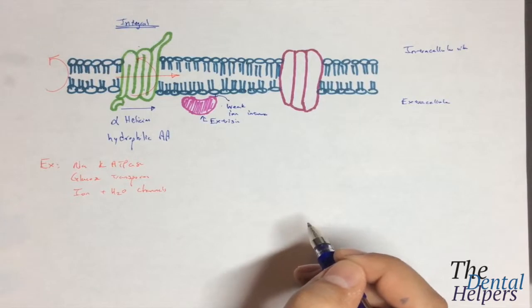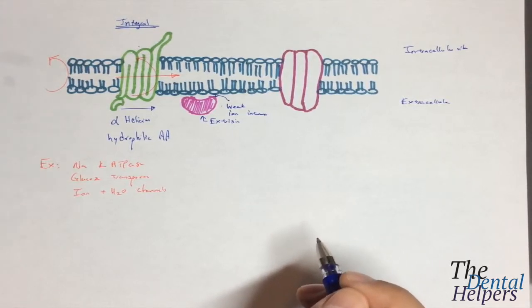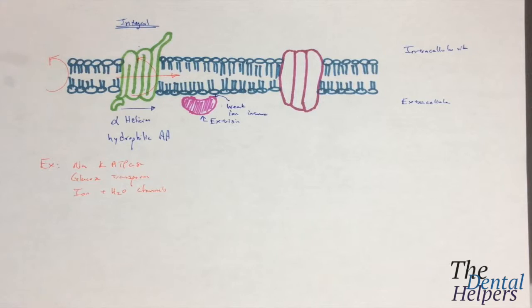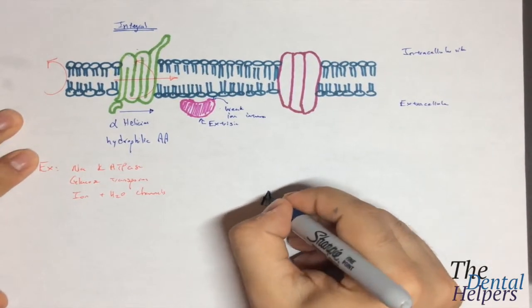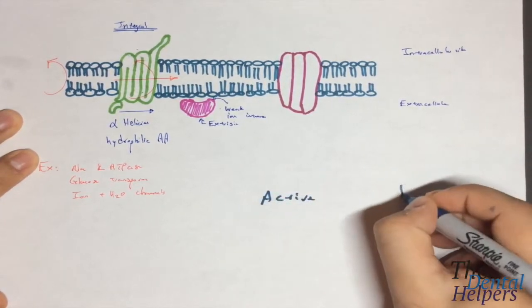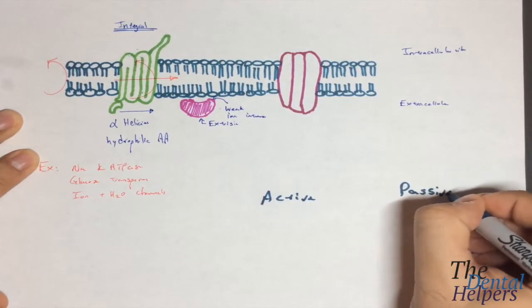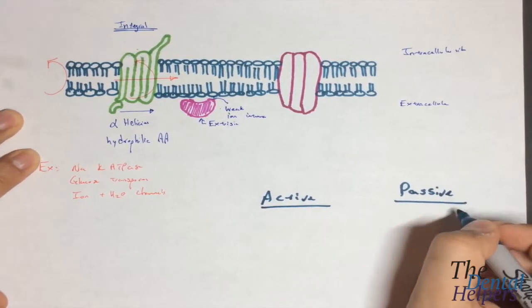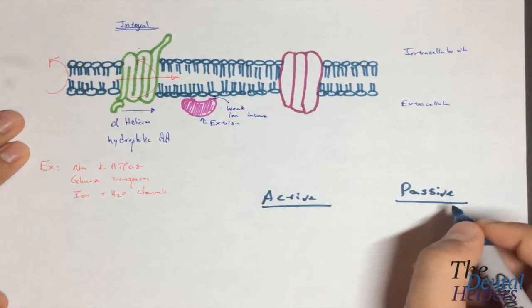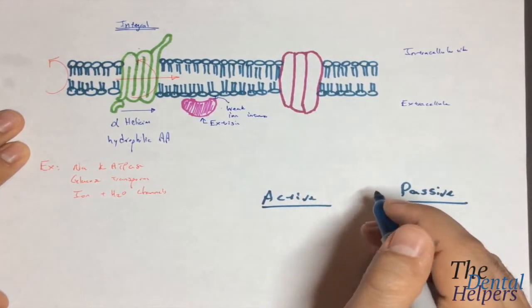So what are the types of transport that are typically seen along the lipid bilayer? There are a couple different types. There's active and passive transport. So for transport, we have active and we have passive. And the difference between these two types is the energy.